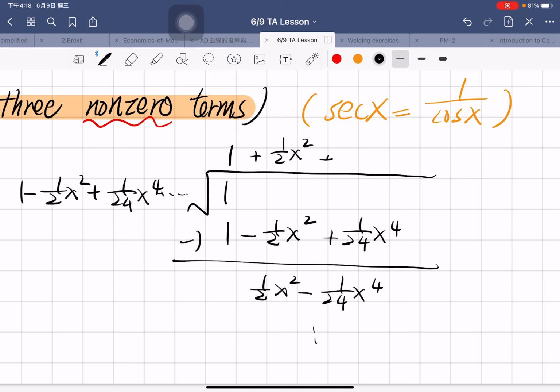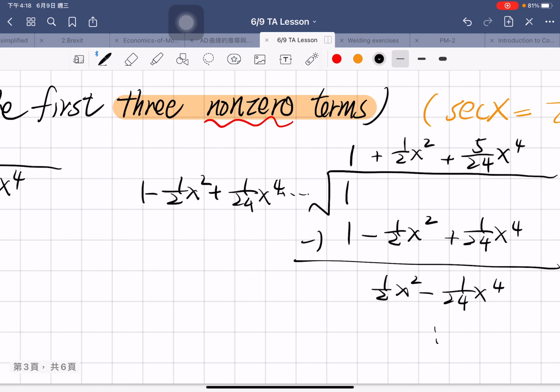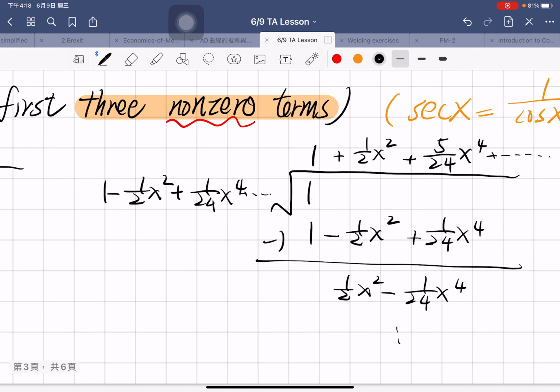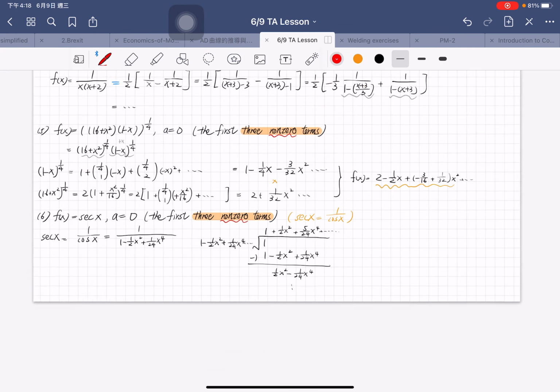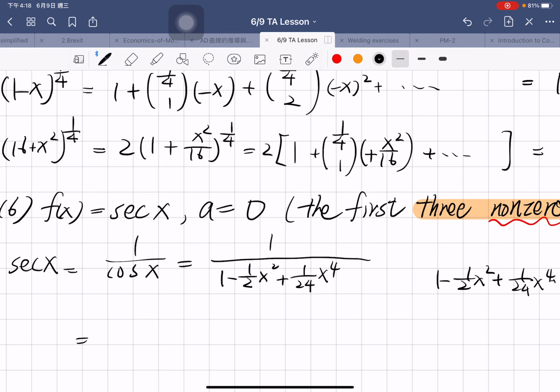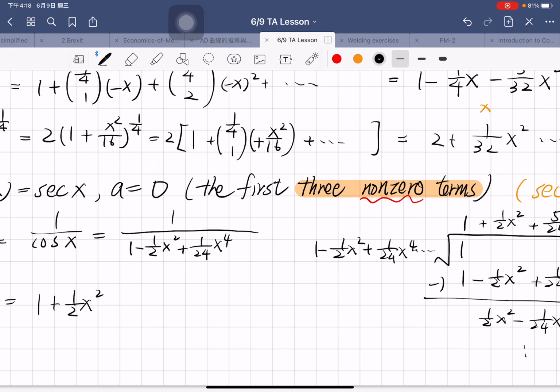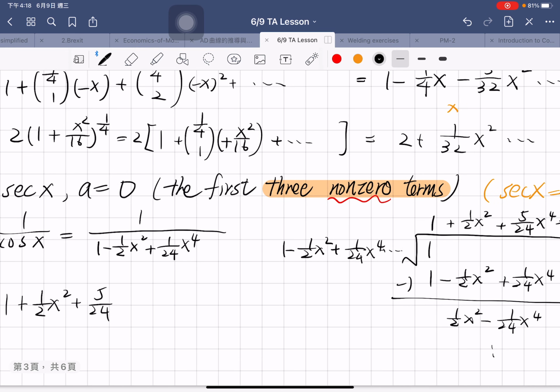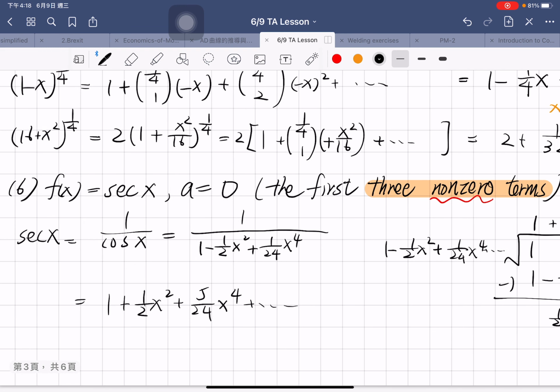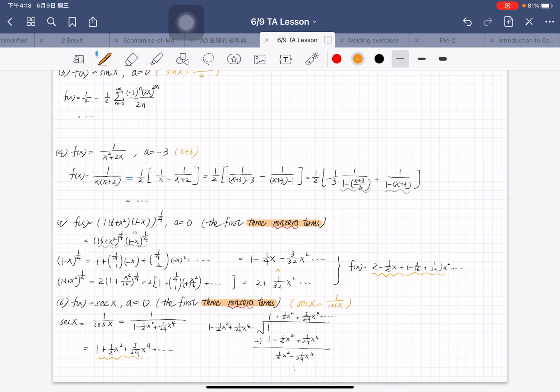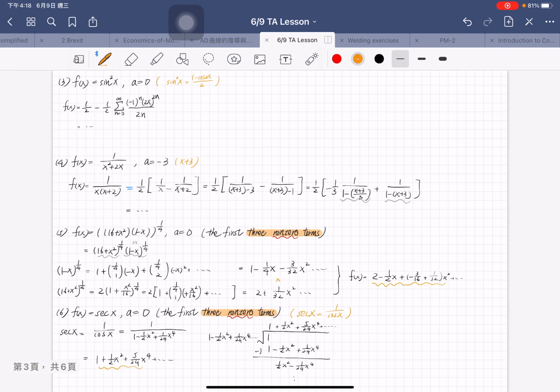And when you go along, you know that you need to add 5/24 with x to the fourth power. So this will be infinite terms, but you only care about the first three terms. So now our answer would just be 1 plus 1 over 2x squared plus 5 over 24 x to the fourth power. Okay, so these 3 are the only three terms we care about. So it's just a combination of question 3 and question 5.